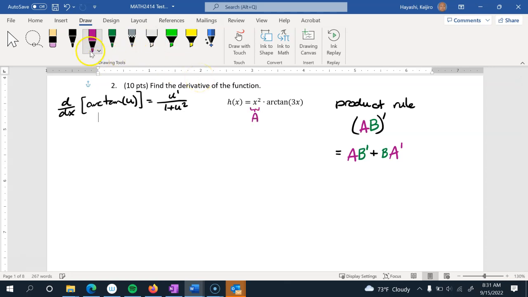So if we call x squared our a and arctan of 3x our b, we might want to find the derivatives of these so that we can construct this sort of a times b prime plus b times a prime kind of derivative. So a equals x squared, which means a prime is 2x.